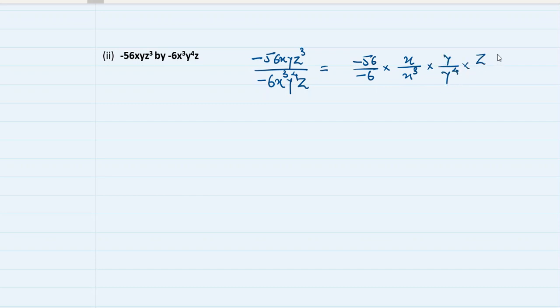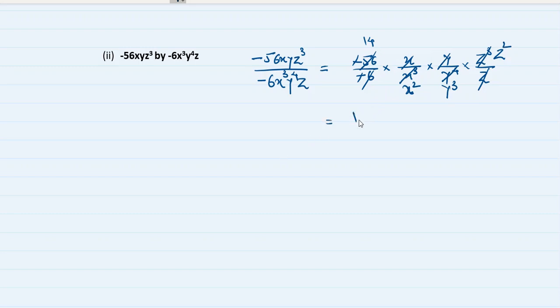So I'm writing all the constants one above the other in the division format. The minus sign gets cut. 14 sixes are 56. Here x and x cube will cut and x square will be left in the denominator. y and y to the 4 will be cut, y cube will be left here, and here z square will be left.